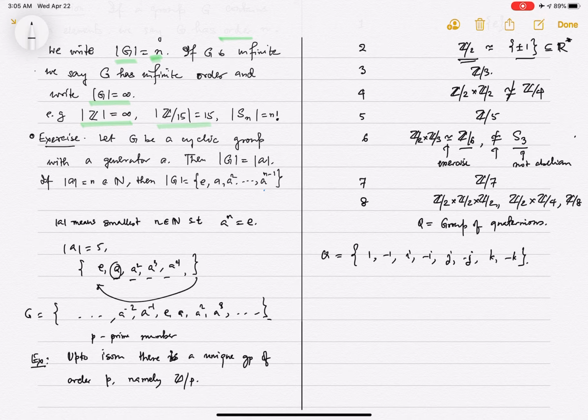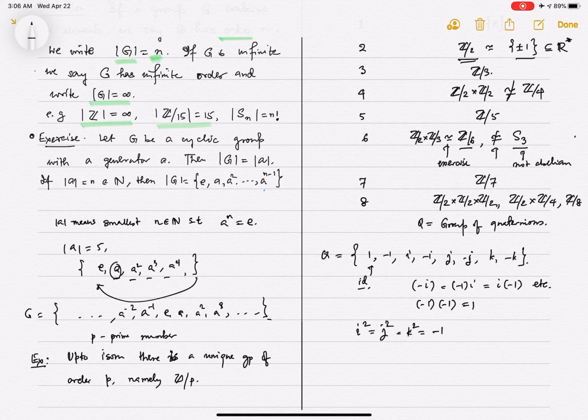And the minus sign is understood, so this will be the identity, and then minus i is minus 1 times i, etc. Same as i times minus 1, etc. And minus 1 times minus 1 is 1. So the minus 1 and the 1 have the usual property. The fun thing is how to multiply the ijk's. So i square, j square, k square, all are minus 1.